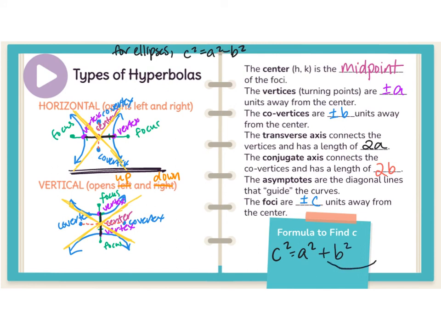So notice how this is a sum when you're working with hyperbolas. And that's something that sometimes students get mixed up. They might forget that hyperbolas have a plus and ellipses have a minus, so be very careful about that.